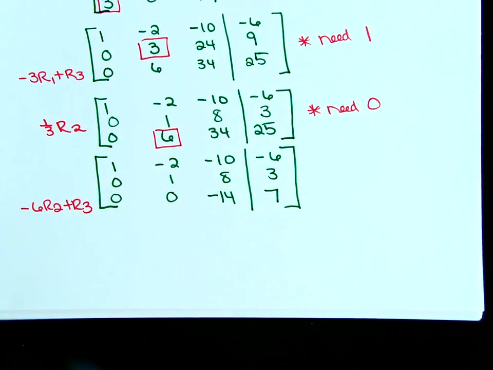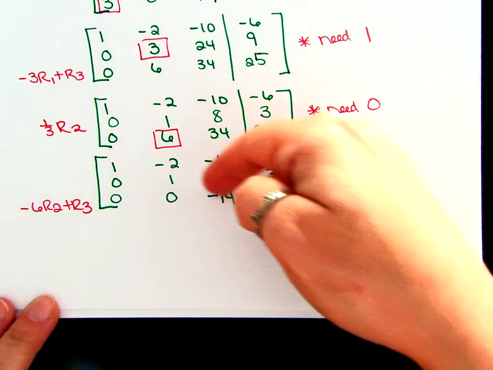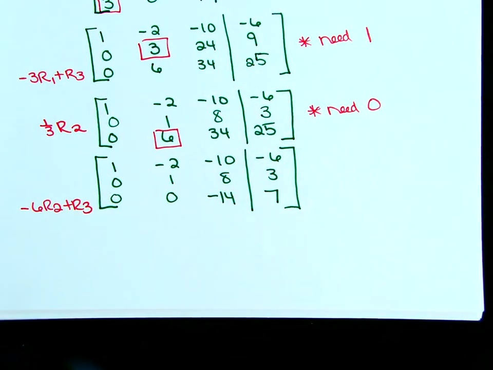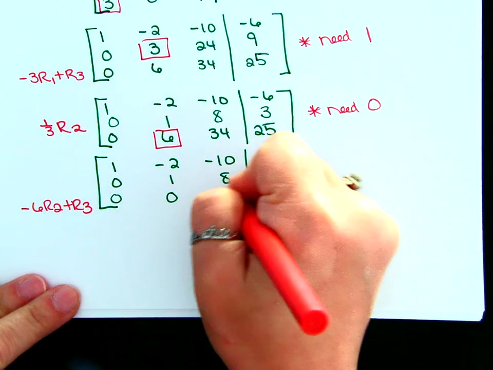Oh, we're really close to our row echelon form. Remember, our goal is to get a diagonal of 1s with zeros underneath. We've got our zeros. We need this negative 14 to be a 1. That's need 1.